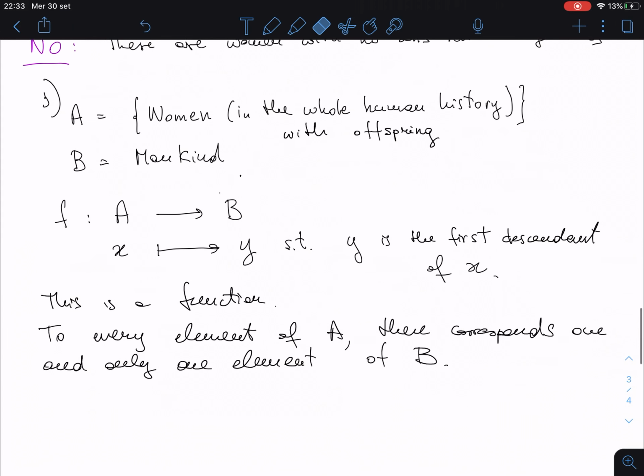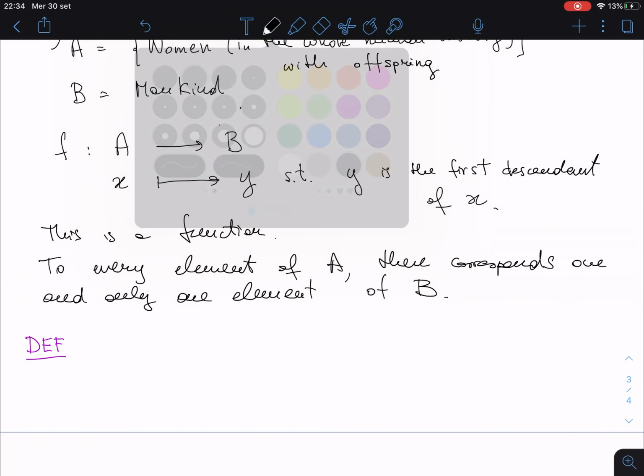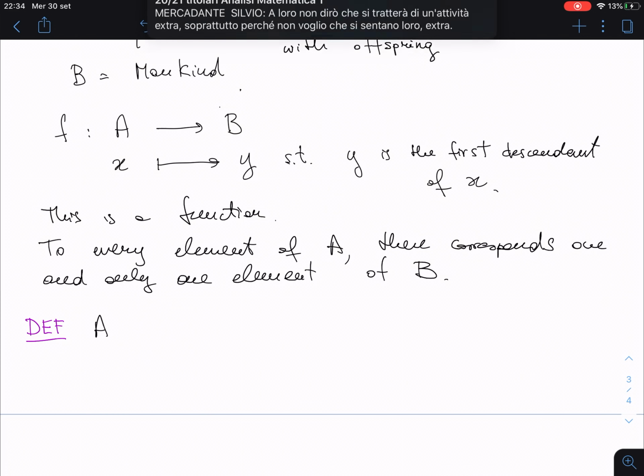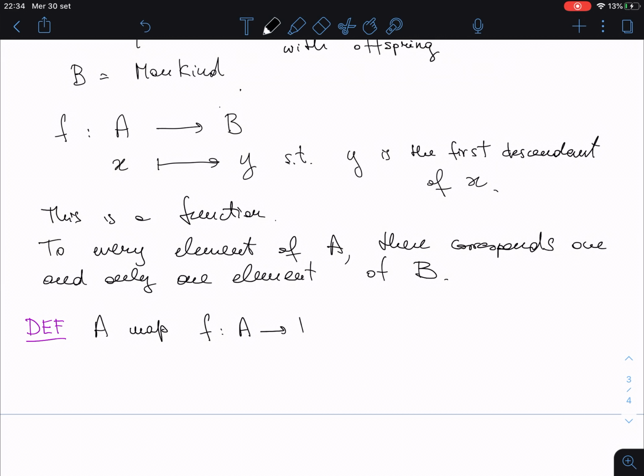And let me introduce other two definitions that are extremely important. And the first definition is the following. A map or function f from A to B is called injective.